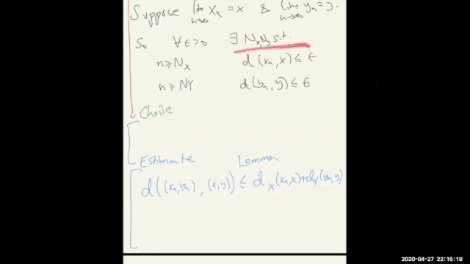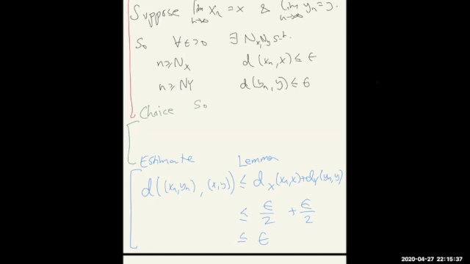x is converging to x, and y is converging to y. So we want to make these less than epsilon over 2 each, so that the sum is less than epsilon. So how do we make our choices here?